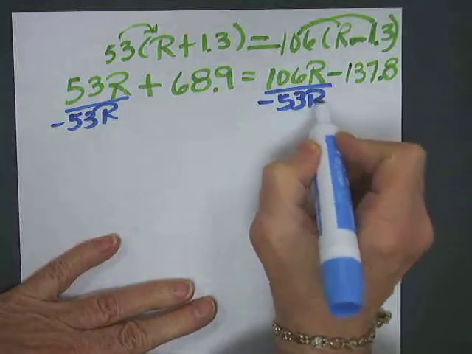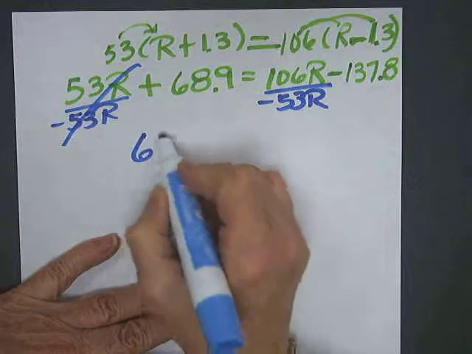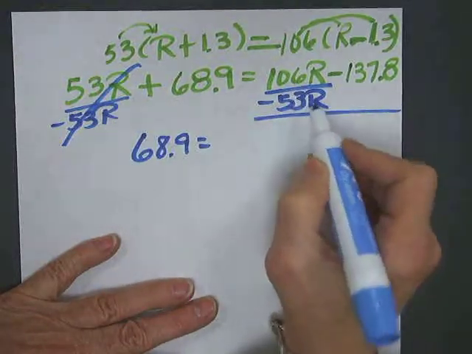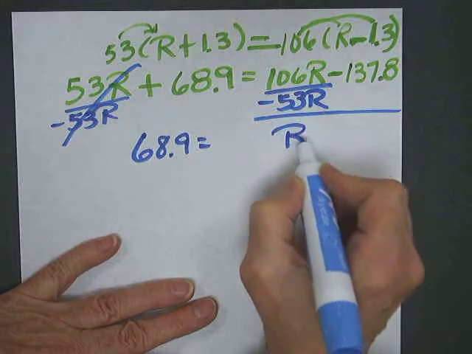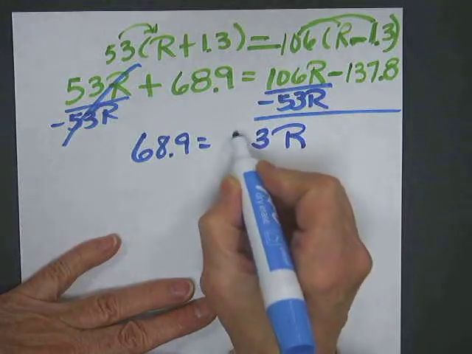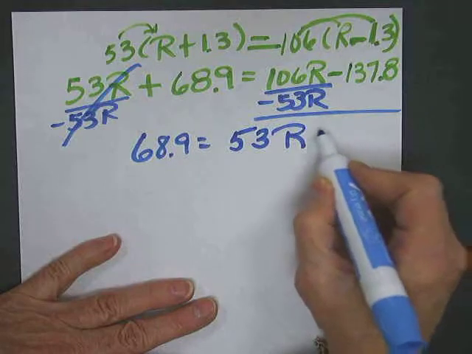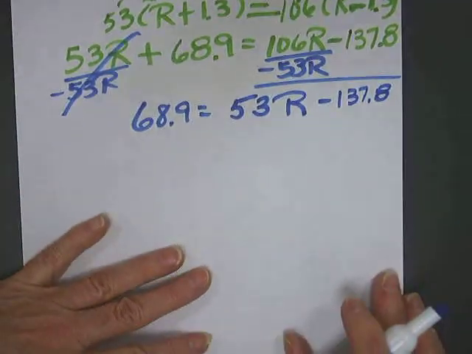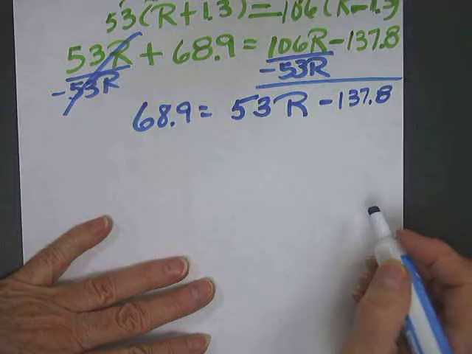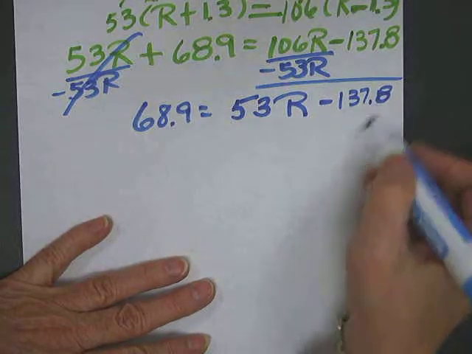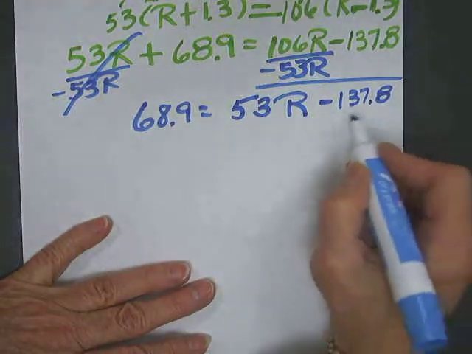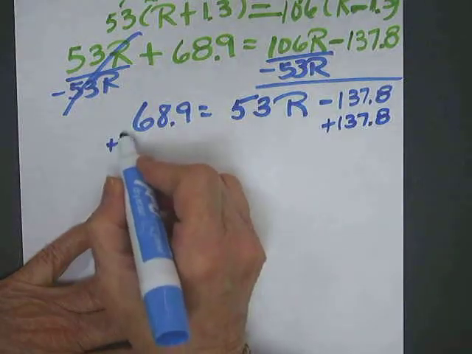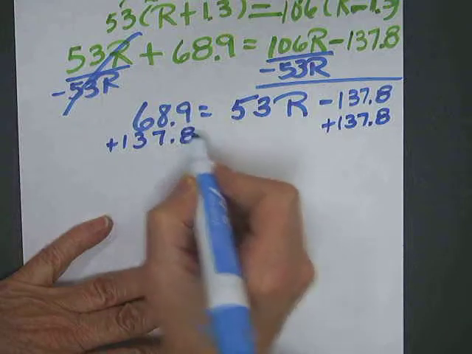I didn't do it, so I'm going by your word. Just trusting you. Here's an R, here's an R. Why don't we subtract this one instead of making it negative? So we've got 68.9 equals, what is that? 53?